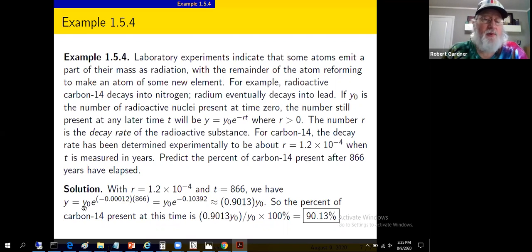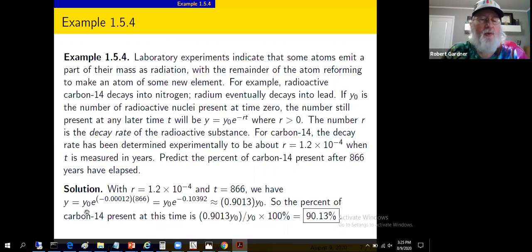Okay, so we'll plug in the r and the t value into the model. That'll give us y equals y sub 0 e to the negative r t for those values of r and t. Simplifies down to e to this thing here. I get the calculator out to 4 decimal places. That exponential is 0.9013.